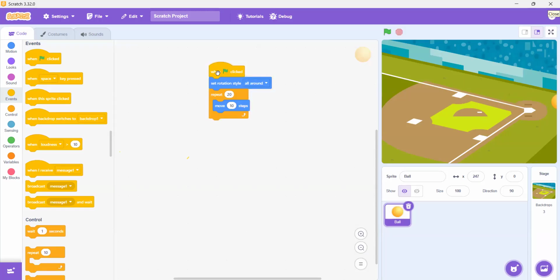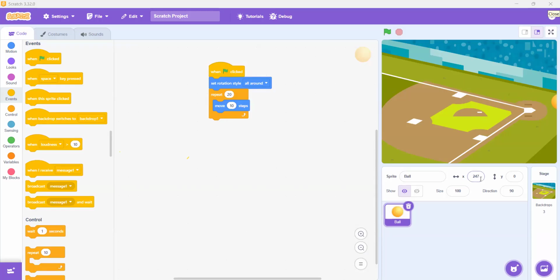You want the ball to go out or you want the ball to come back? Yeah, it is going faster. Very good. You want the ball to go out or you want the ball to bounce back? Bounce back or go out? Bounce back. Now let us see how to do that bounce back.